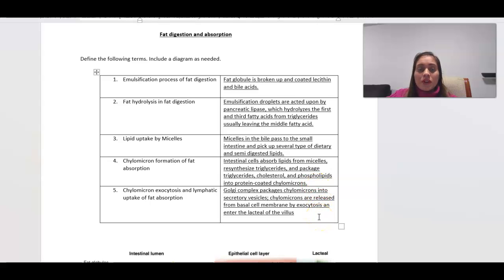And the fifth one, chylomicron exocytosis and lymphatic uptake of fat absorption, can be defined as the Golgi complex packaging chylomicrons into secretory vesicles. Chylomicrons are released from the basal cell membrane by exocytosis and enter the lacteal of the villus.